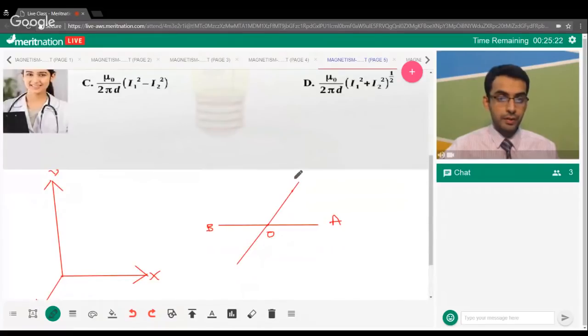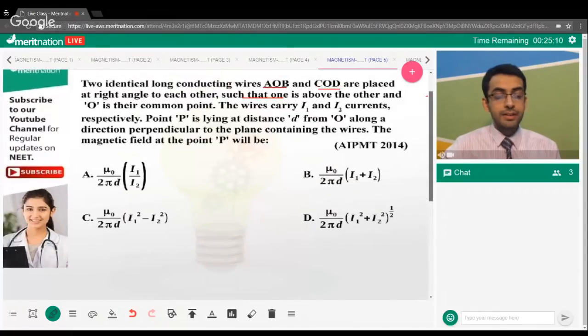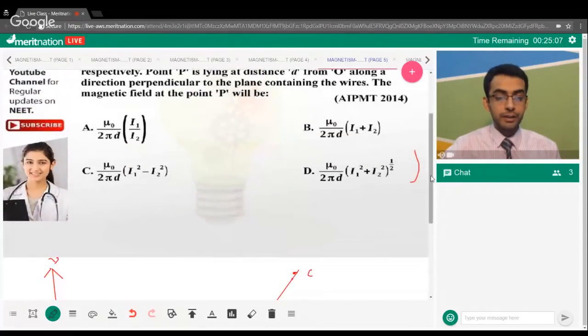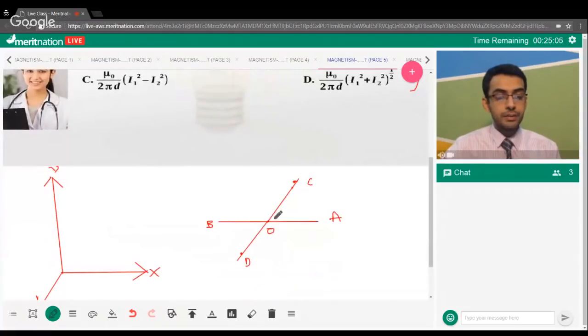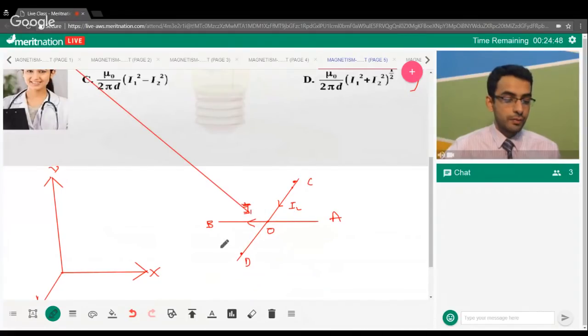The wires carry currents I1 and I2 respectively. So in AOB, the current is like this, I1, and in COD, the current is I2. So we have a point above this.